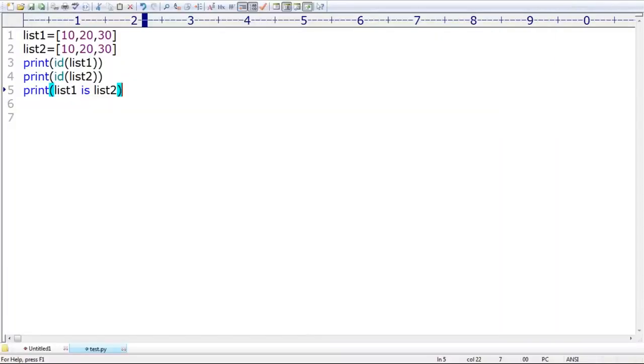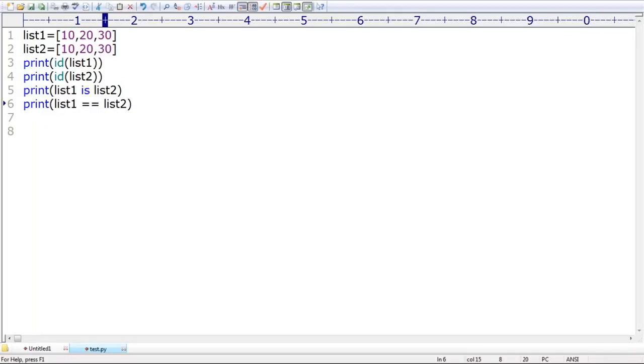Remember that. Now my question is, I don't want address comparison, I want content comparison. The content of L1 and the content of L2 are always the same. If you want content comparison, then we should go for the double equal operator. Remember this one.